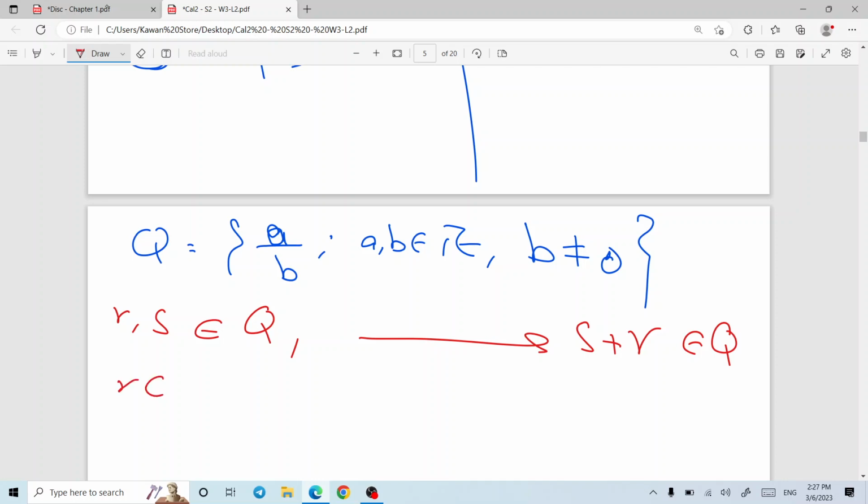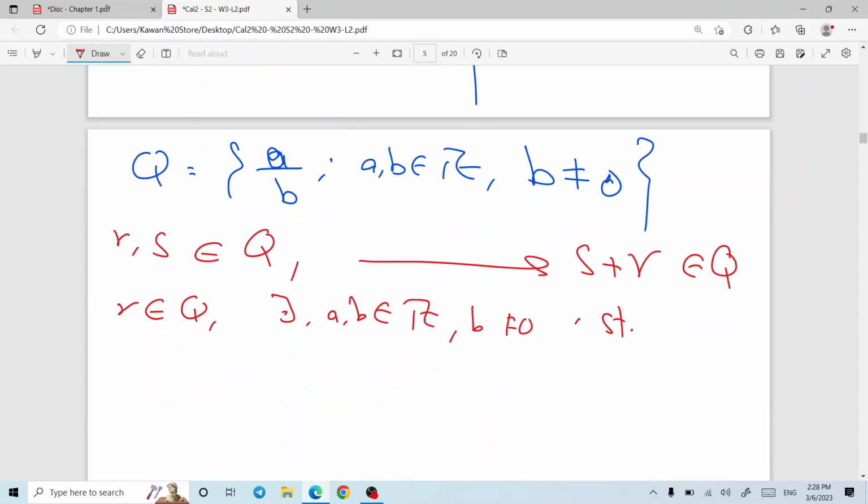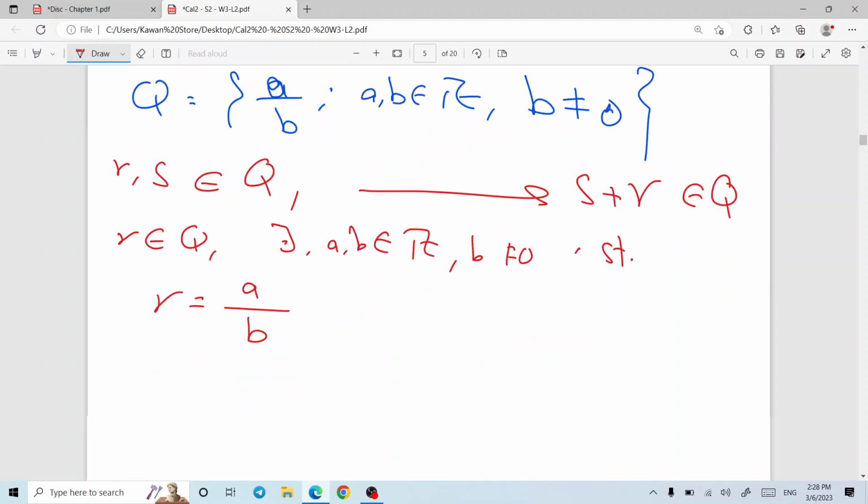I say R belongs to Q, right? So there exist A and B belonging to the integer numbers, B not equal to 0, such that R equals A over B, because R belongs to Q. How about S?